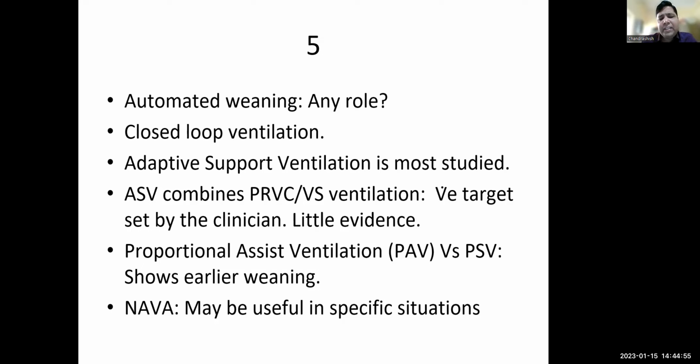And in specific situations, more advanced ventilation modes like NAVA may be useful to wean patients, particularly those who are having a lot of asynchrony with pressure support or during weaning, or there are neurological problems which may be causing delayed or difficult weaning.